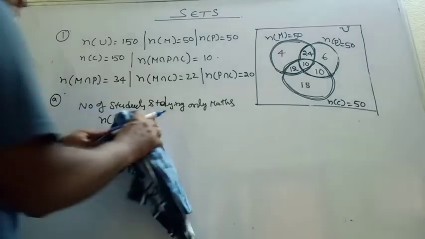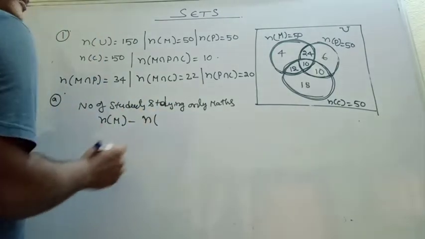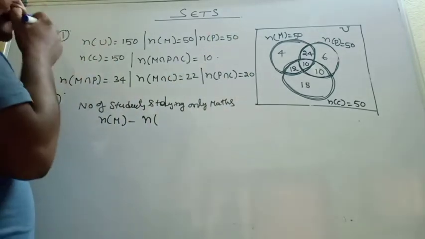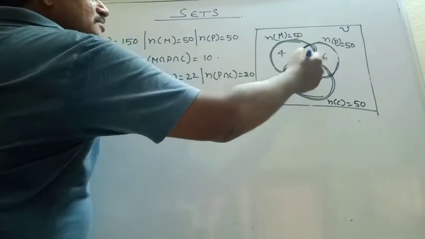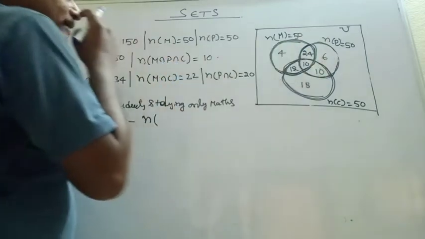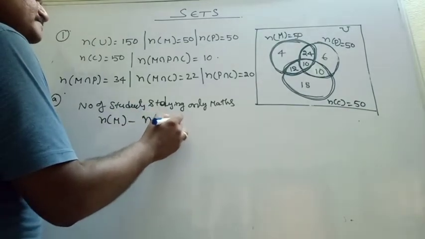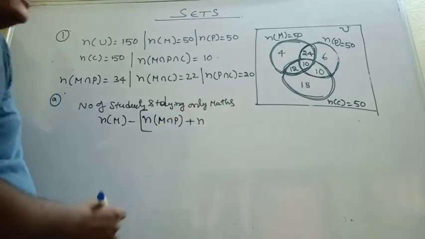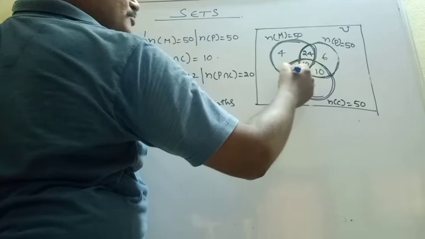You see, my dear students, I will subtract this portion and also this portion, like this. That means n of m intersection p, plus n of this portion. How am I going to get this portion?